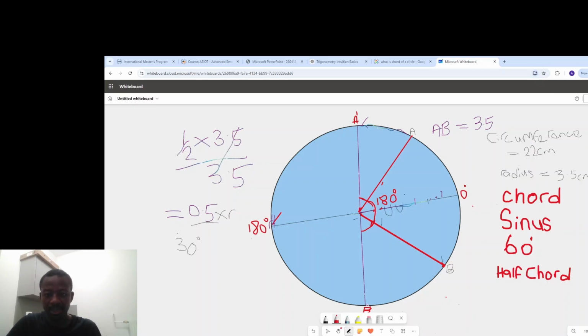A prime and B prime is our chord, and this line dividing it will give us our horizon. Let me use a different color. Now the angle between the horizon and this point A prime will be 90 degrees.